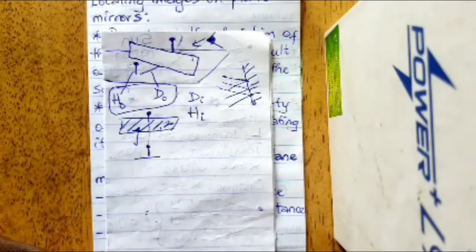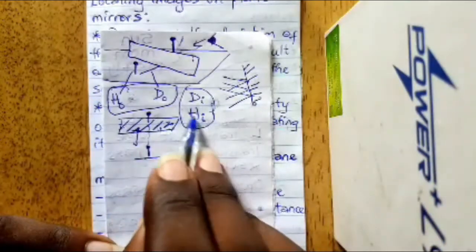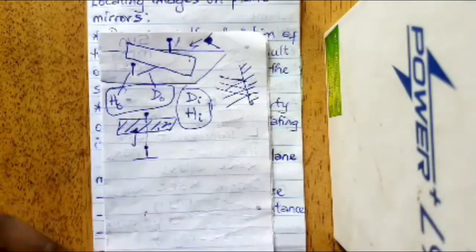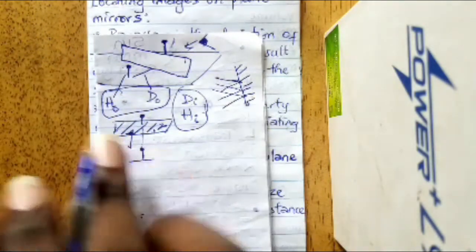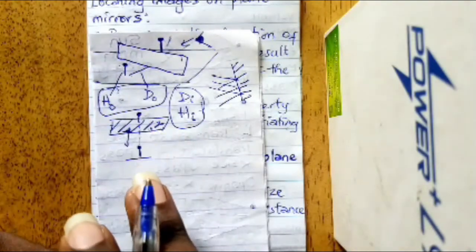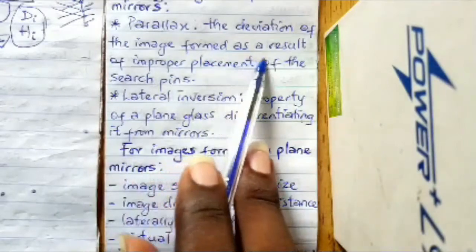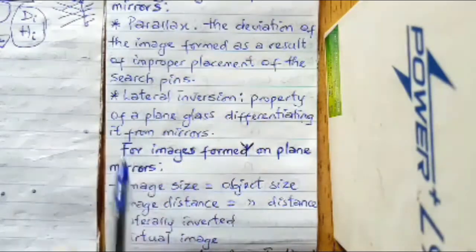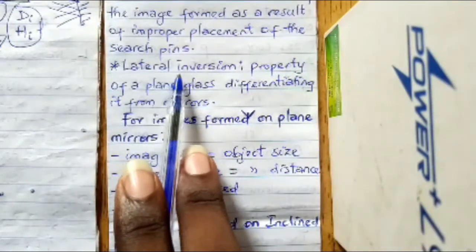In searching for this pin, you notice that the image height and the image distance will be different from the object height and object distance. This difference in results is due to parallax error. So the deviation of the image formed as a result of improper placement of the search pins is what is referred to as parallax.